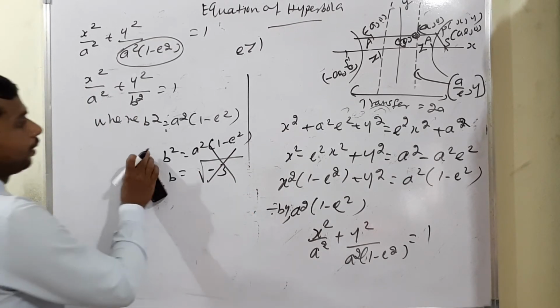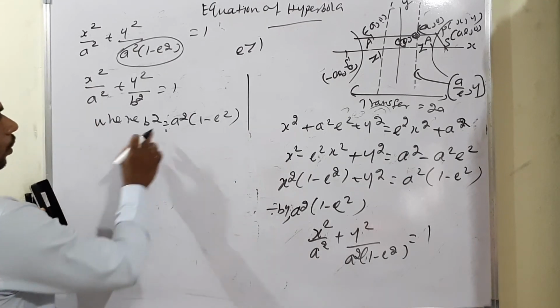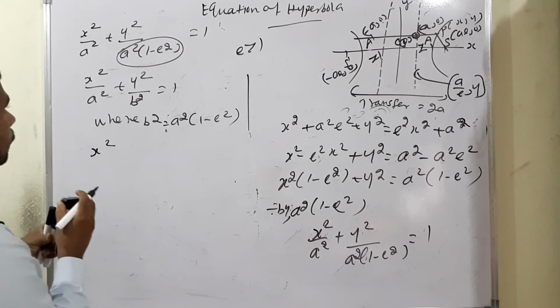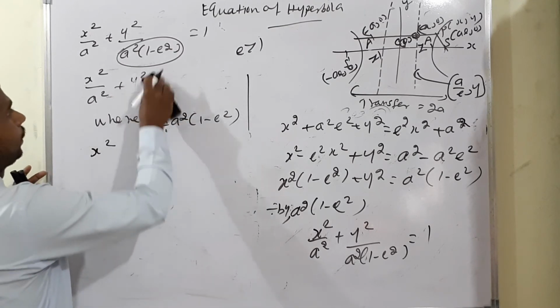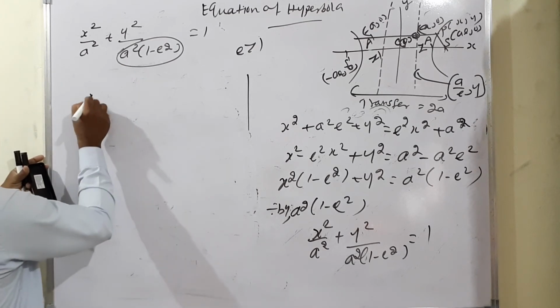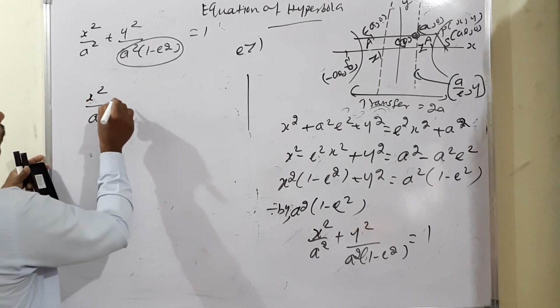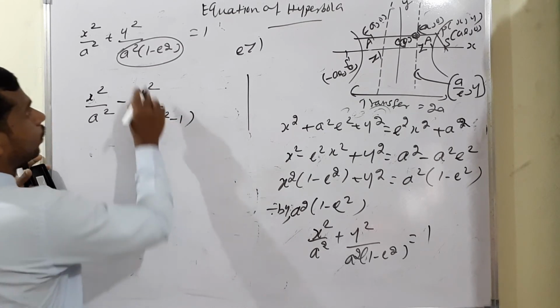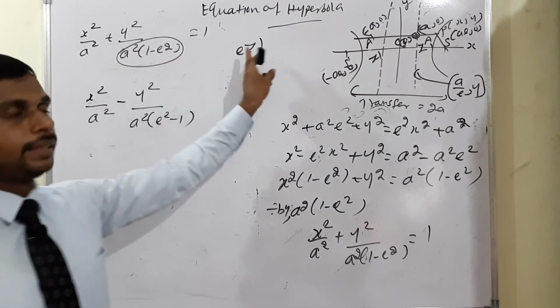That's why I just modify the second line. We can consider x square by, this is not a correct form. Actually, to modify it: x square by a square minus y square divided by a square into e square minus 1. So e square minus 1 means we can say e greater than 1.